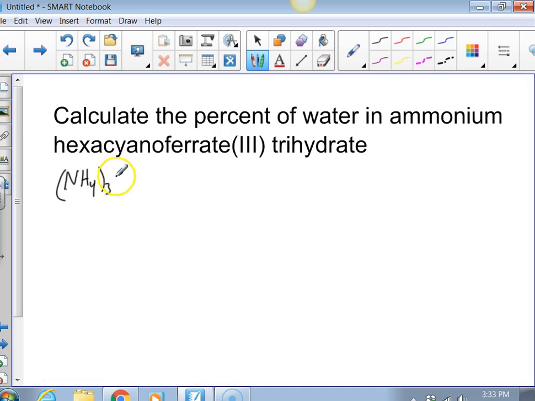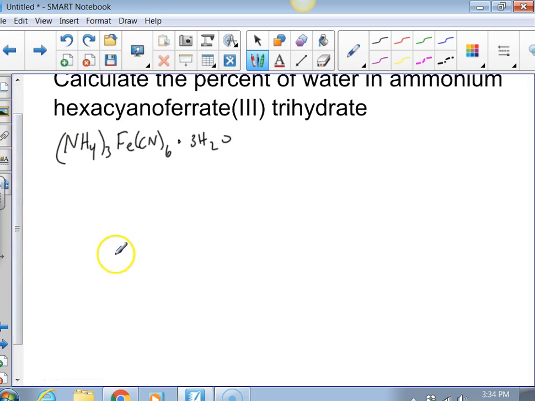This would be the ammonium and then hexacyanoferrate 3 would be this. So the hexacyanoferrate 3 is a polyatomic ion with a charge of -3. Ammonium is here with a +1, so this is the total compound. And this is also a trihydrate, so 3H2O.